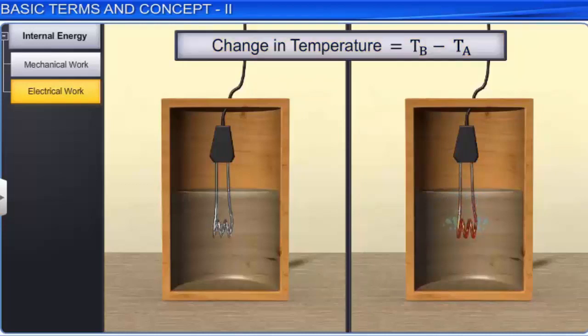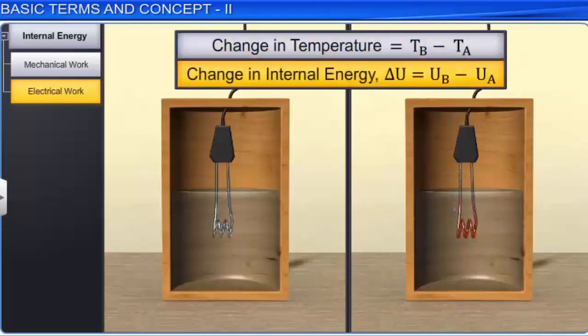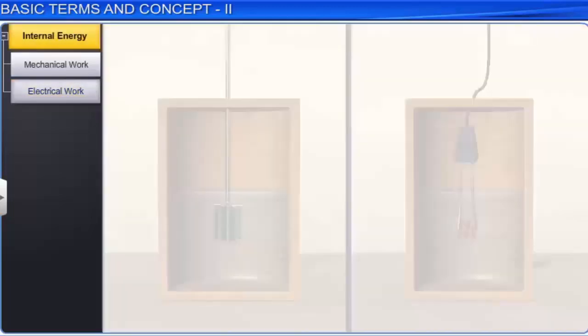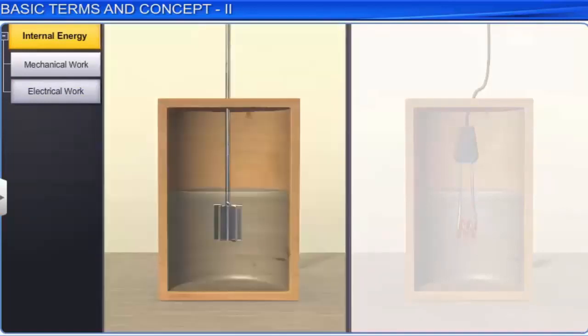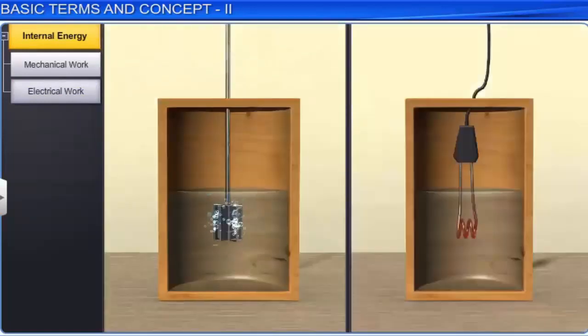Hence, the change in internal energy, delta U, is equal to Ub minus Ua. Thus, internal energy changes to the same extent either by doing mechanical work or electrical work, which indicates that it is independent of the manner in which the change is brought about. Therefore, internal energy is a state function.